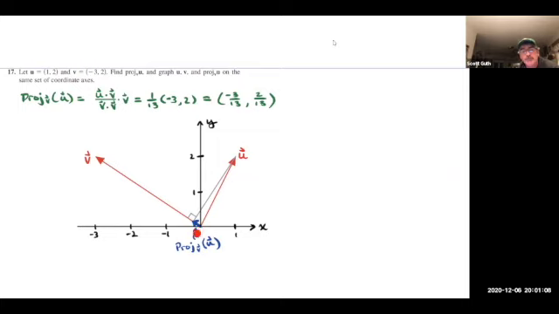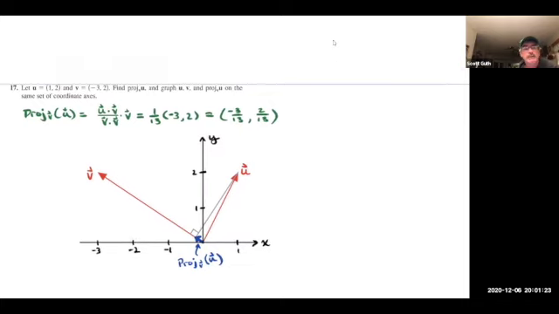And if you were to take U and subtract this projection, you'd get this gray vector here, which is orthogonal to V. And that's the idea of Gram-Schmidt. Anyway, moving on to the next one.